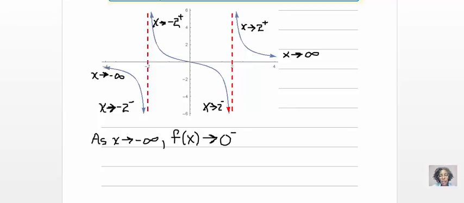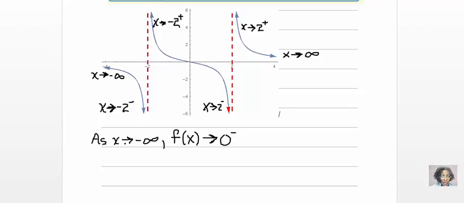So a lot of times to indicate that, we would use the negative symbol as an exponent. So notice y is coming to 0 from below. When I'm talking about y's, the plus and minus as an exponent means from below or from above.